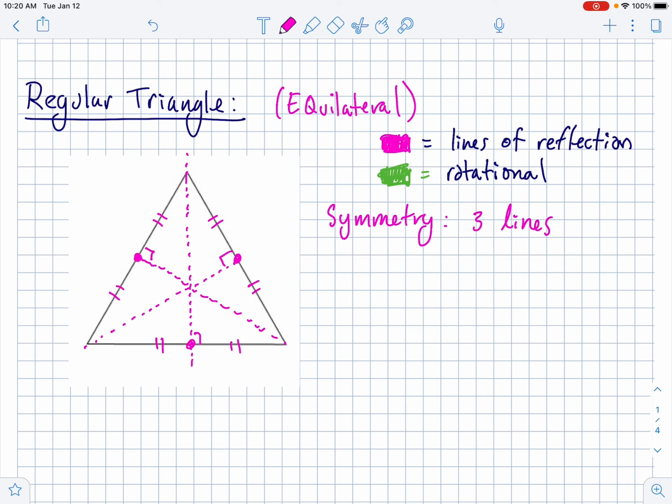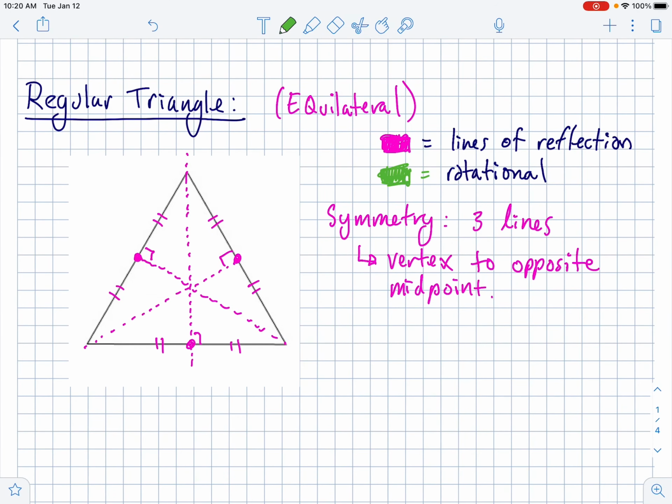We have three lines of symmetry. All of these lines of symmetry connect a vertex to the opposite midpoint. So that's all the symmetries of the regular triangle.